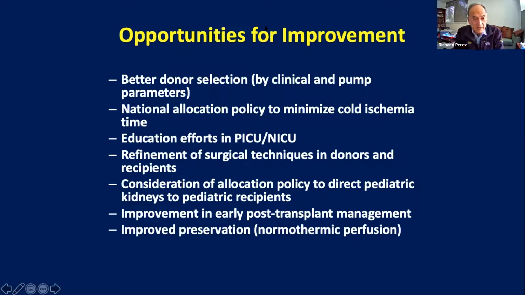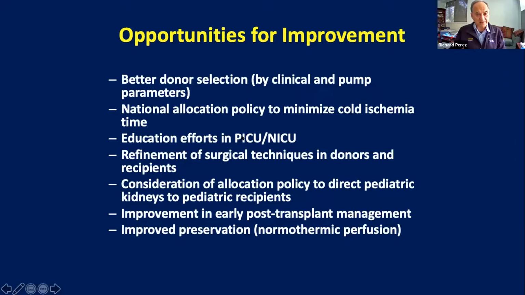Many. Better donor selection by looking at clinical and pump parameters, possibly. There needs to be an allocation policy to minimize cold ischemia time so that these pediatric kidneys can be transported to centers that are willing to do them.